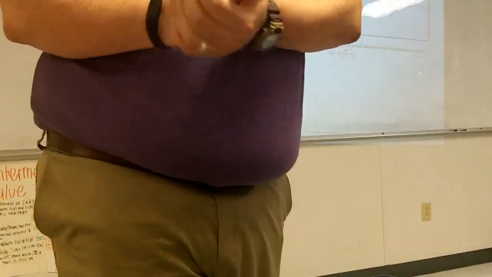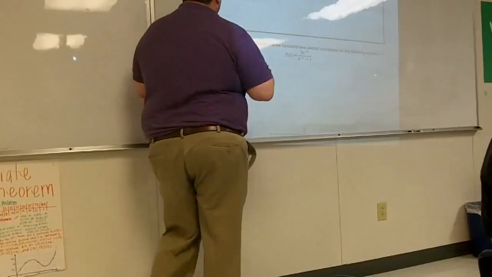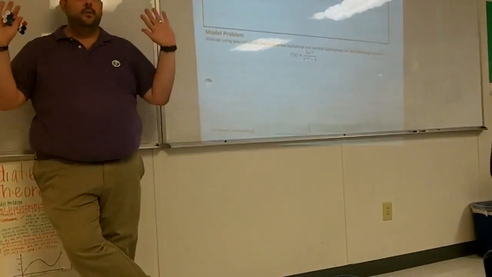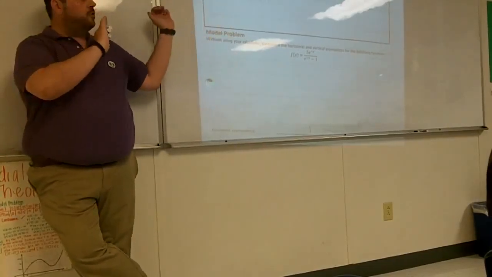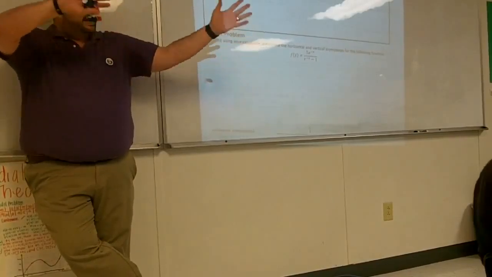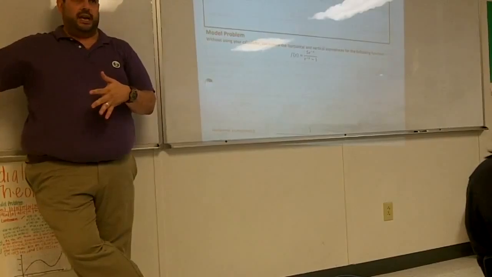I'm deliberately picking a hard problem because I will know that you really know what the heck is going on. But I also want to summarize the things so far, because I am curious if anybody's feeling this way right now. When it comes to horizontal and vertical asymptotes, you thought you knew them pretty well, and then we started introducing all the limit stuff, and it feels like you no longer understand asymptotes.